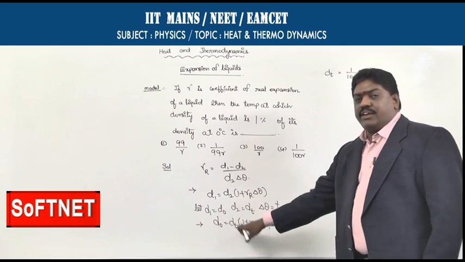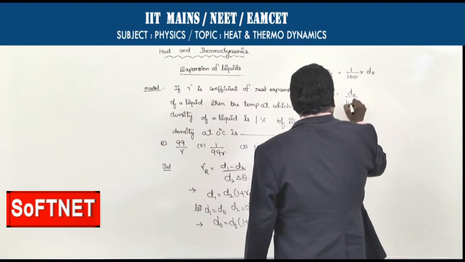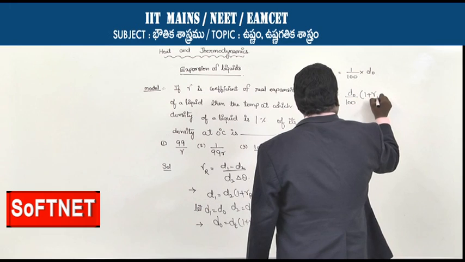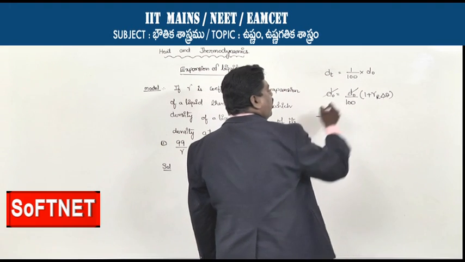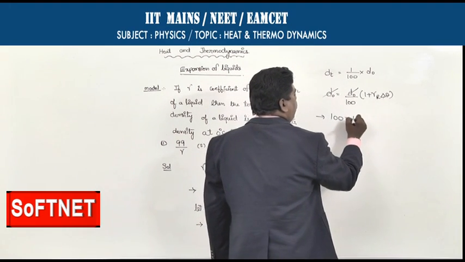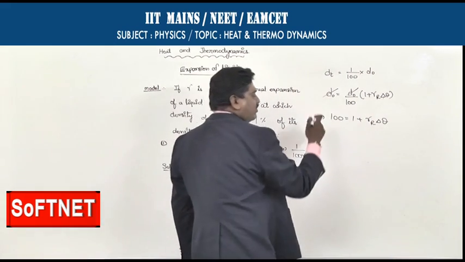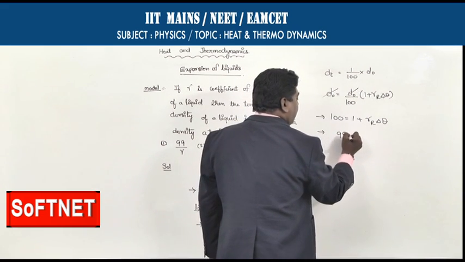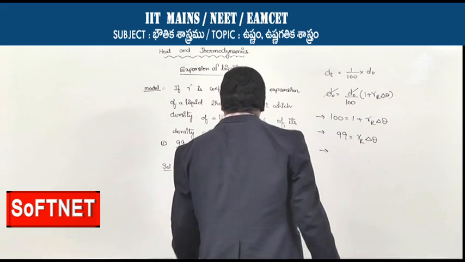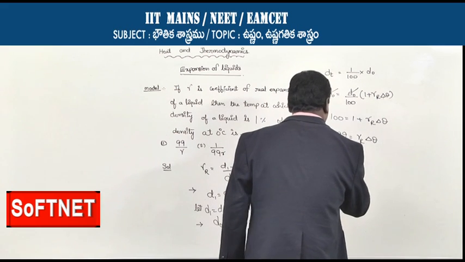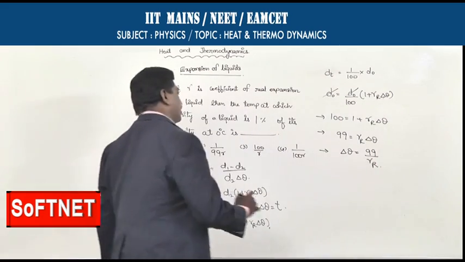Substituting this value, we have d0 equals d0 by 100 into 1 plus gamma r delta theta. I can cancel d0 on both sides, so that I have 100 equals 1 plus gamma r delta theta. Bring 1 to this side, we have 100 minus 1 as 99, 99 equals gamma r delta theta. So here he is asking regarding the temperature part, therefore delta theta is 99 by gamma r, which is our first option.